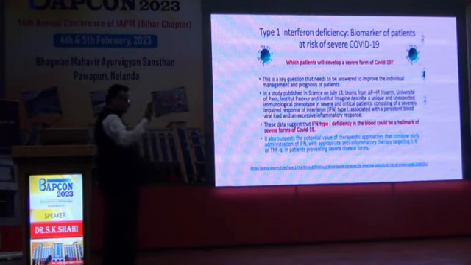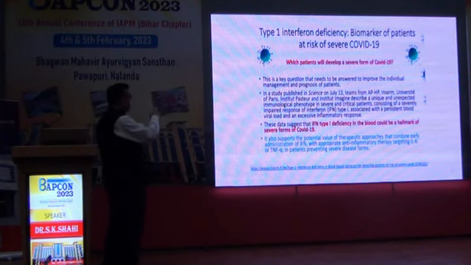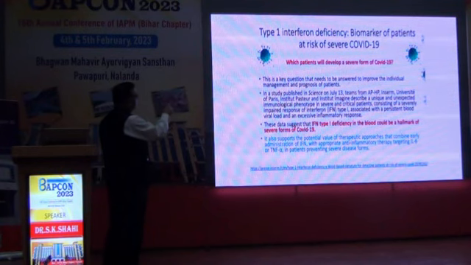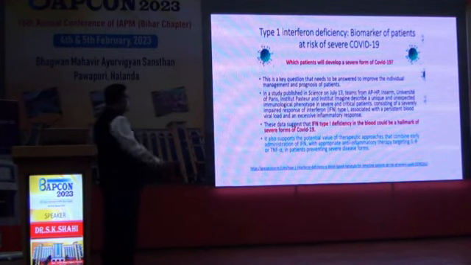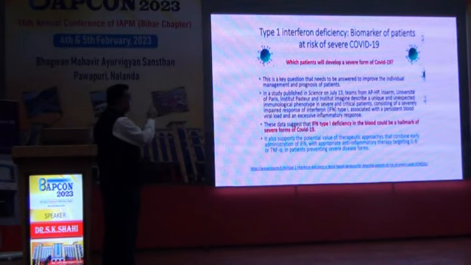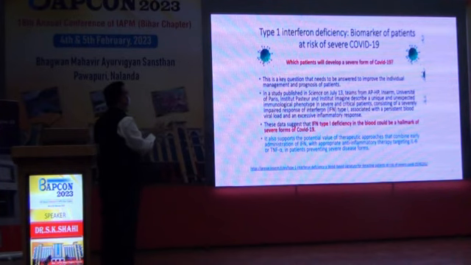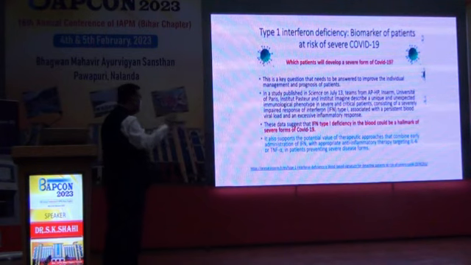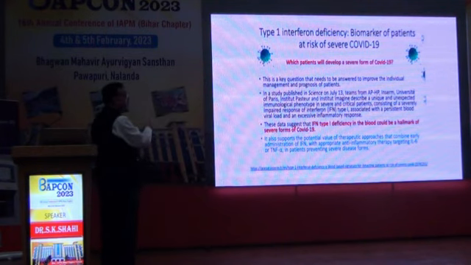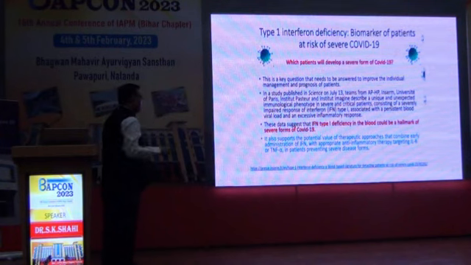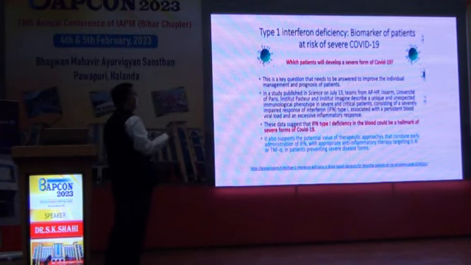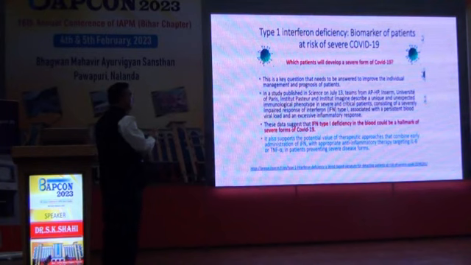In a study published in Science on July 13 by AP-HP, University of Paris, Institut Pasteur and the Imagine Institute, they describe a unique, unexpected immunological phenotype in severe and critical patients, consisting of a severely impaired interferon type 1 response, associated with a persistent blood viral load and excessive inflammatory response.